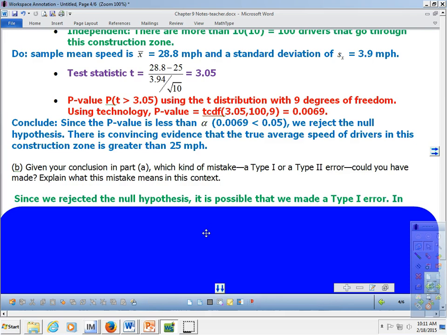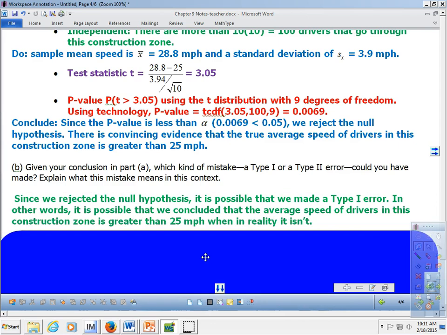Now, if that's the case, what does it mean in context to have committed a type 1 error? That means that we have concluded that the mean speed of the drivers through the zone is greater than 25 miles per hour, when in fact it's not. It's equal to, right? And that's exactly what we see here.